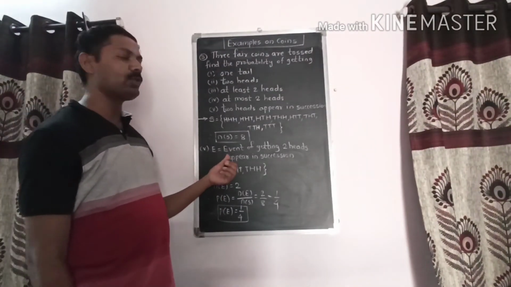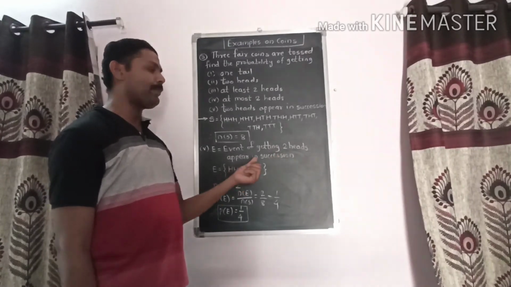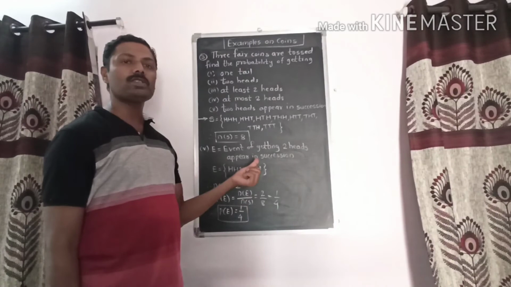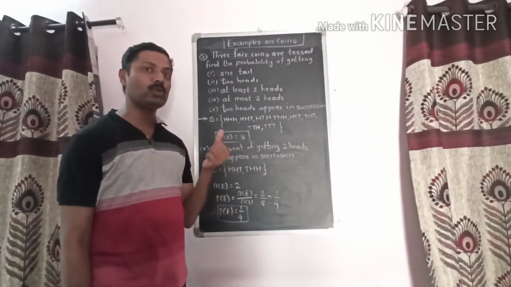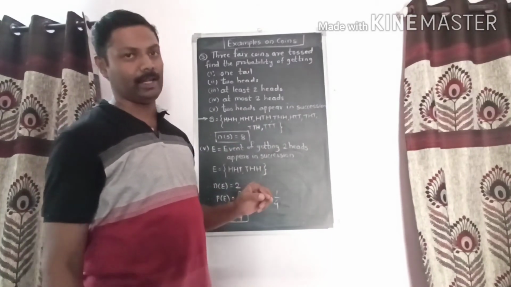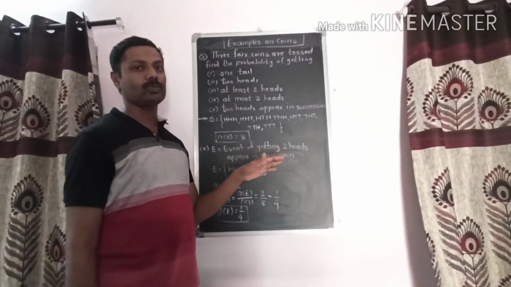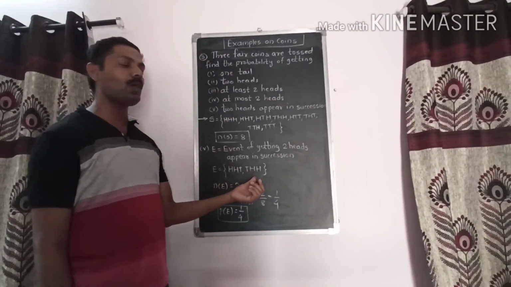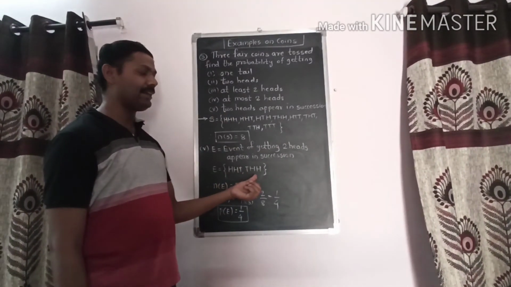Let E be the event of getting two heads appearing in succession. Two heads appear in succession means only two successive heads should be there, not more than two. So here are only two options, HHT and THH.